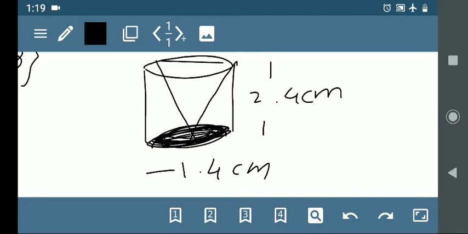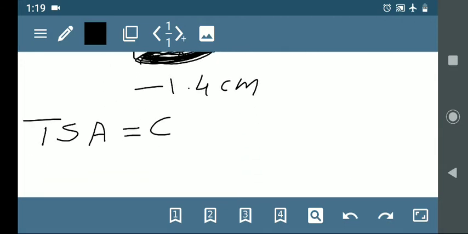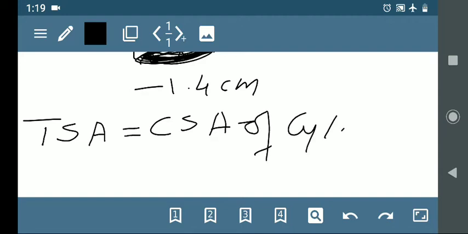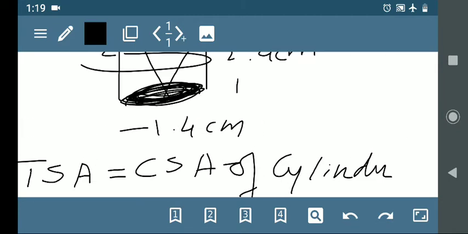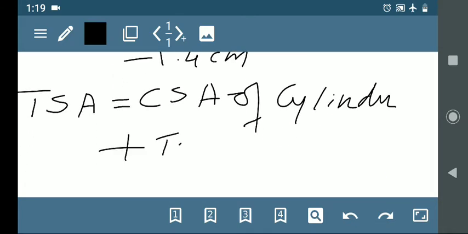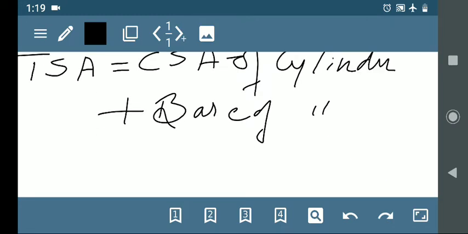First let us write the CSA of the cylinder, plus the base will be closed, so one circle area, that is the base of the cylinder, plus a cone is hollowed out, right?